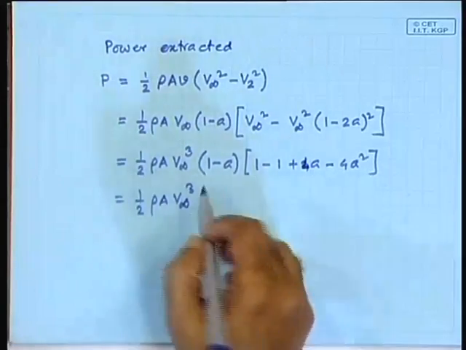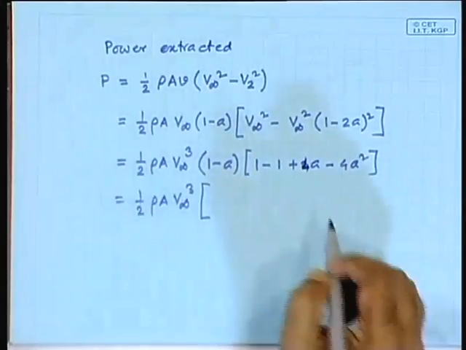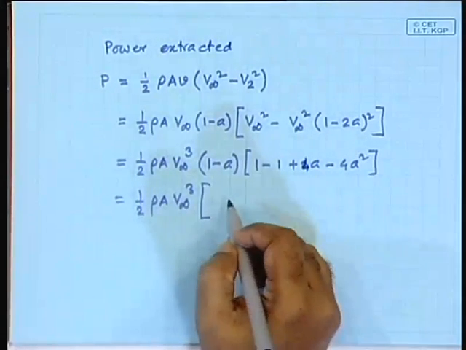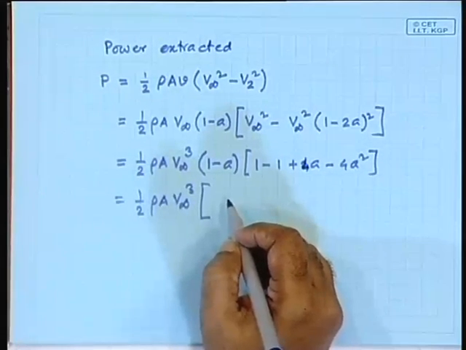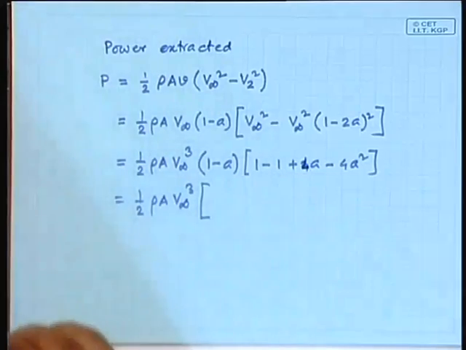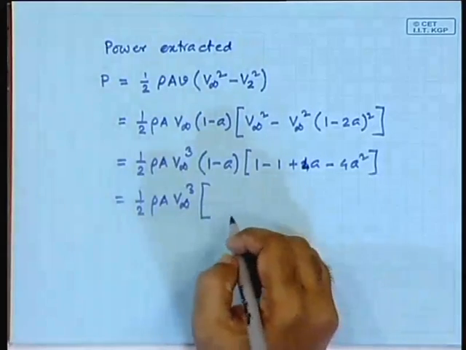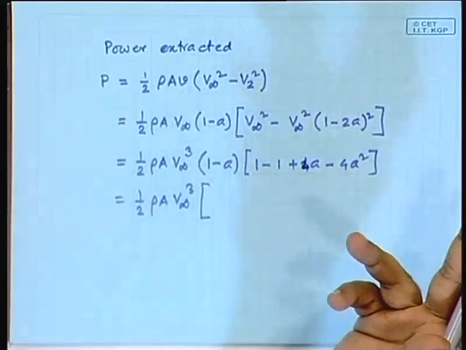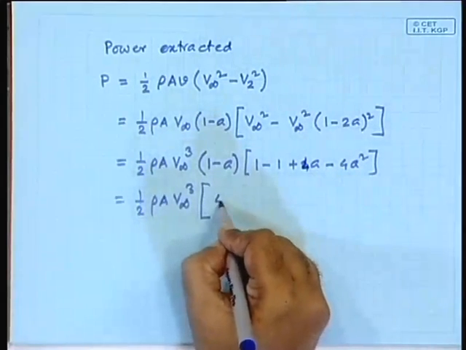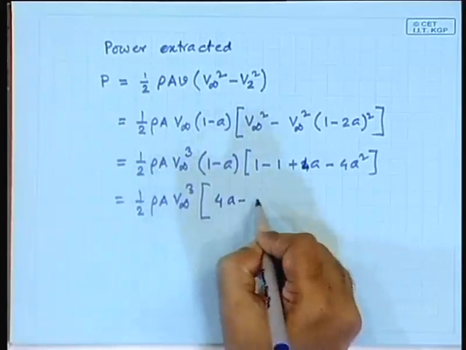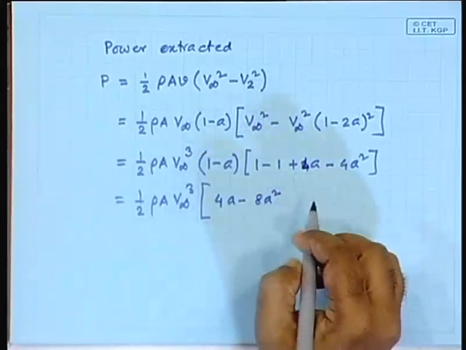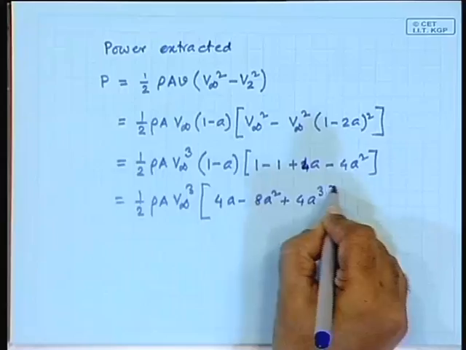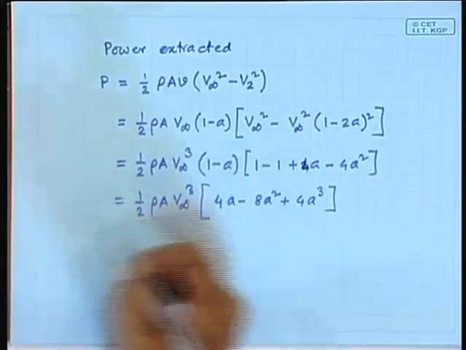I do not want to take common, I want to just express it as a polynomial, so that differentiation is easy. So, what is the polynomial like? Four A minus... can we just check it is all right?